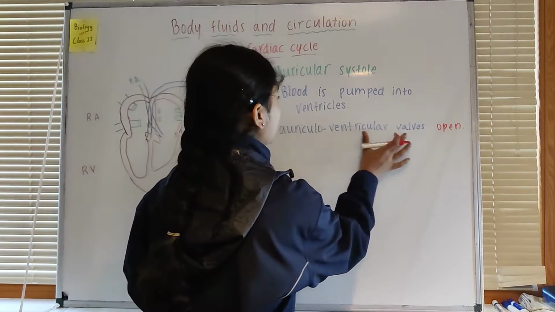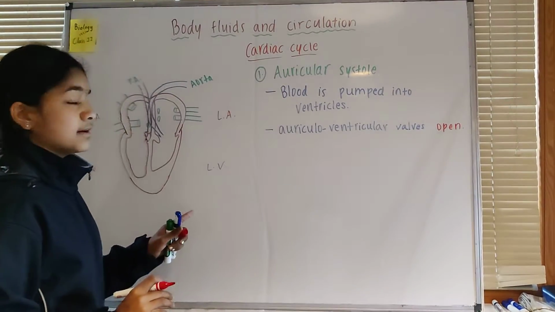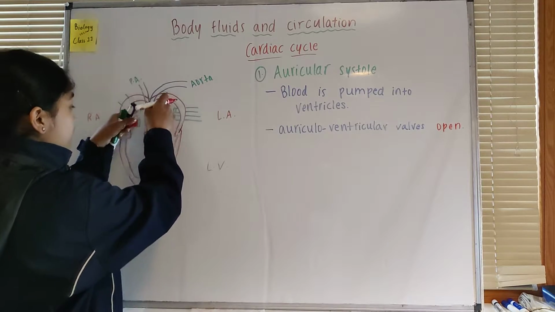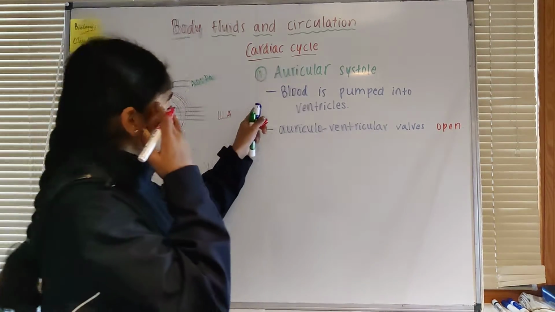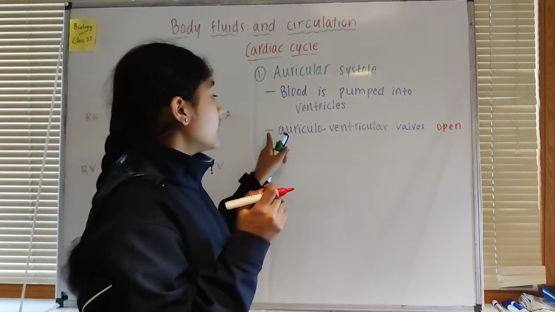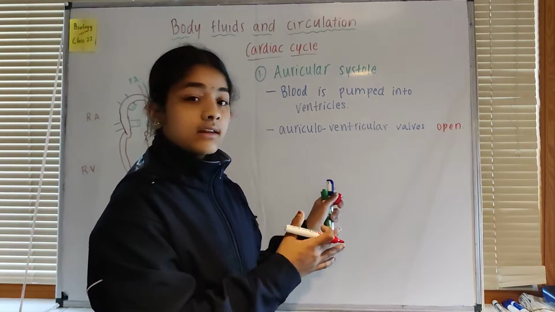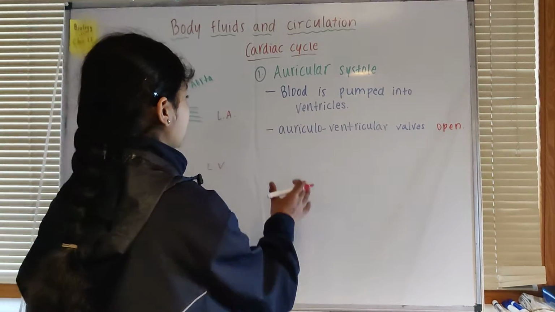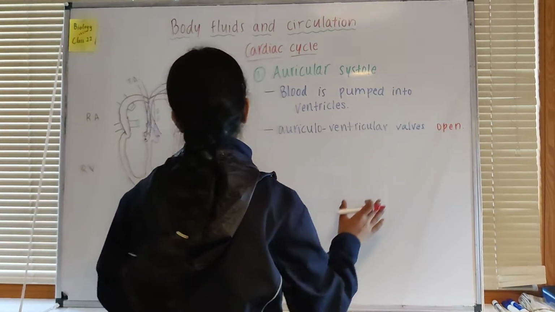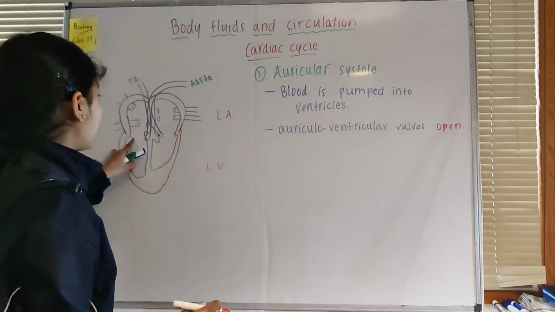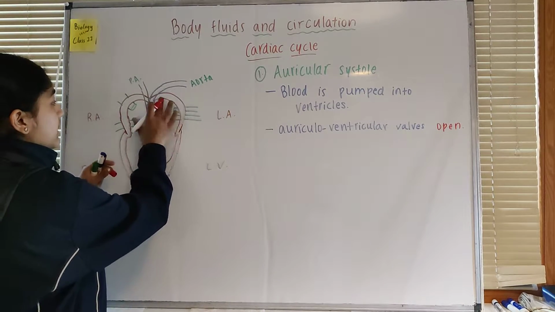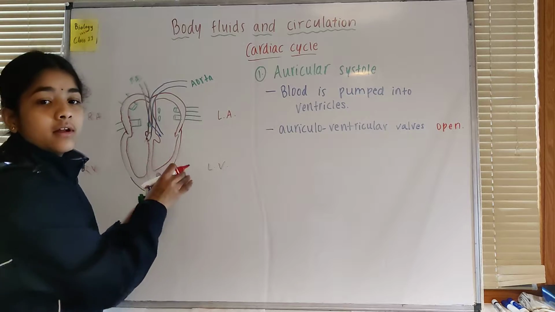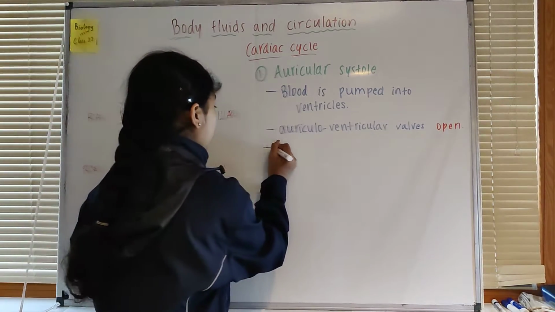They get opened so that the blood can be pumped inside the ventricles. In this step, blood is pumped into the ventricles, but we are seeing what valves are being opened or closed. Here the auricular ventricular valves are opened so that the blood in the atrium can be pumped into the ventricles.